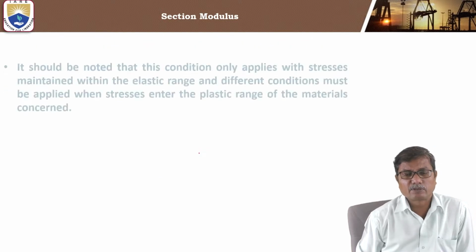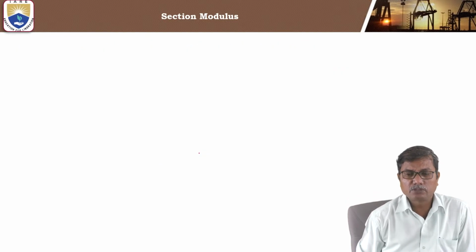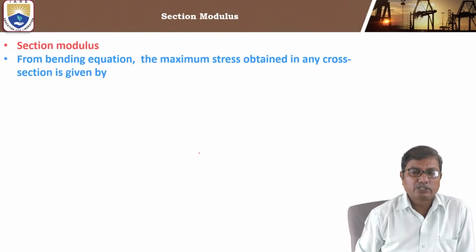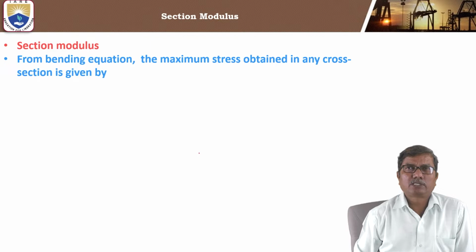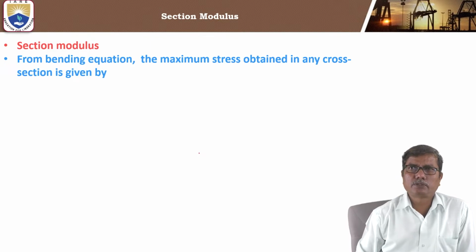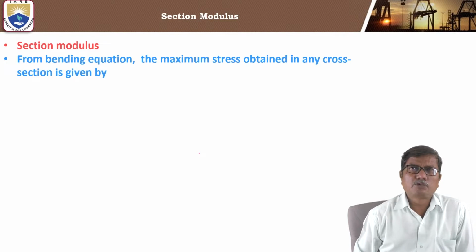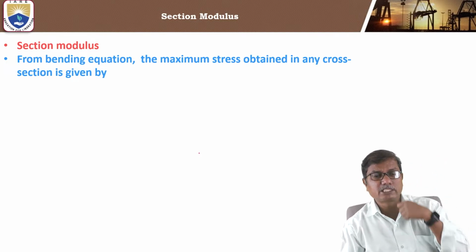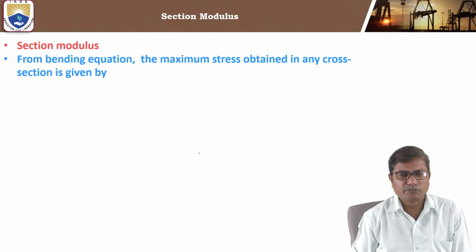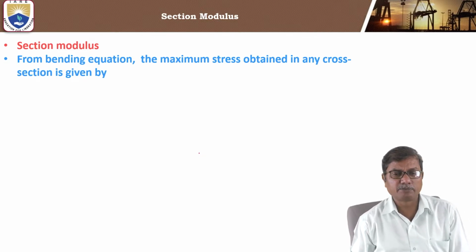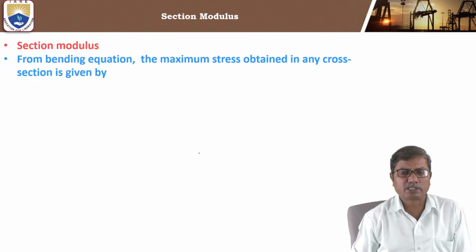It is clear. So to find the section modulus, the very first thing is to find the position of the neutral axis for the given cross section. Then we come to know the maximum distance of the fiber which is subjected to the maximum stress.